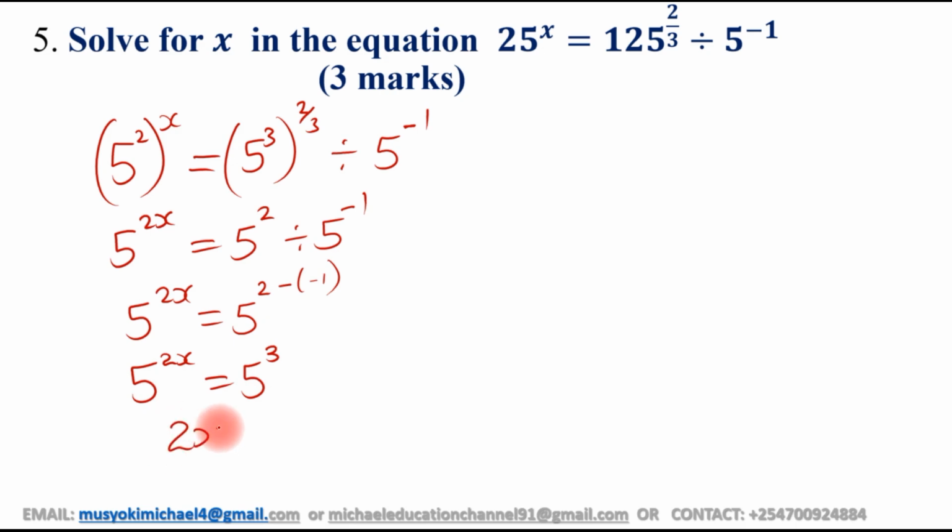So we have 2x is equal to 3, and therefore x is equal to 3 over 2, or that is 1.5. This question is set from the topic of indices. We move to question number 6.